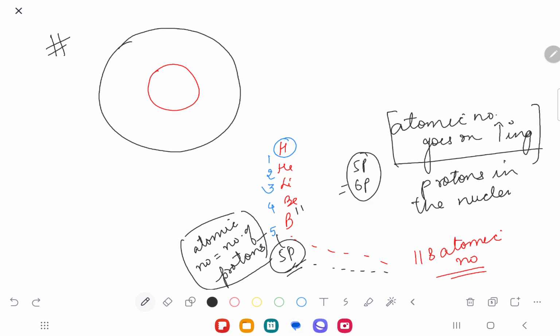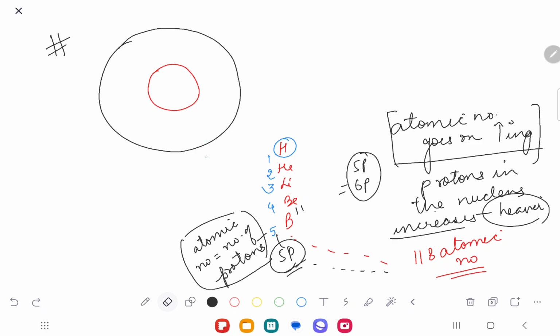Exactly. And when the number of protons in the nucleus increases, that means the nucleus is getting heavier and heavier, bigger. But there comes a stage where this nucleus cannot withstand this heaviness. It cannot bear to be so heavy or so large.